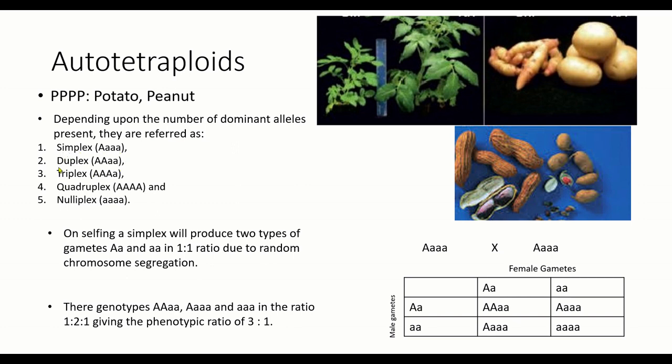Sometimes, if two of the alleles are dominant and two are recessive, it will be called duplex. If three of the desired alleles are dominant and one is recessive, it will be called triplex, while quadruplex is the term for individuals where the desired gene has all dominant alleles.